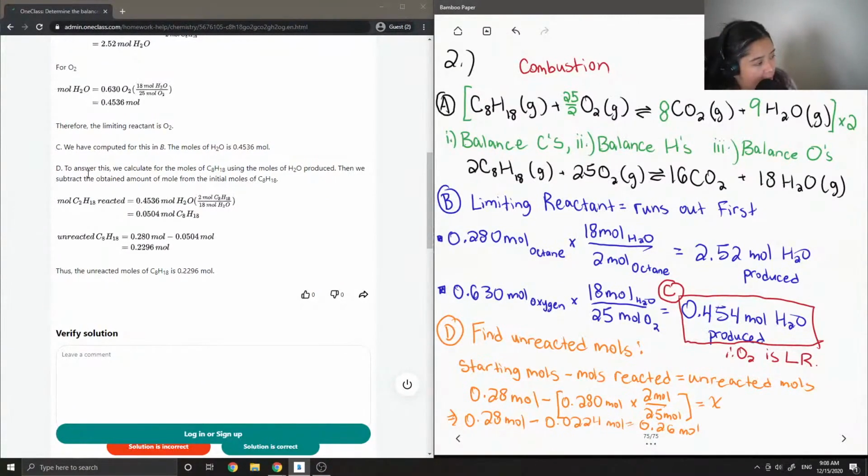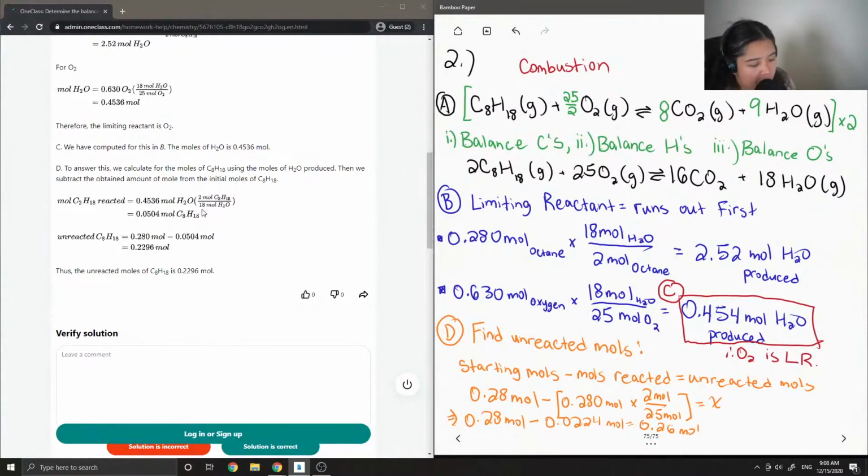And then to answer this, we calculate for the moles of octane using the moles of H2O produced. Then we subtract the obtained amount of mole from the initial moles of octane. Okay, so they found the moles of octane that reacted by multiplying by the molar ratio of octane and water.